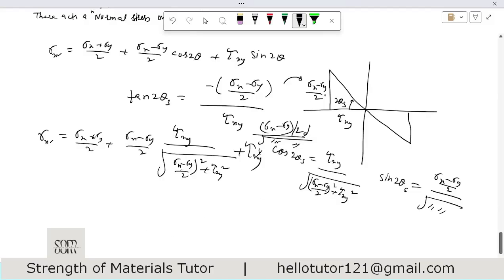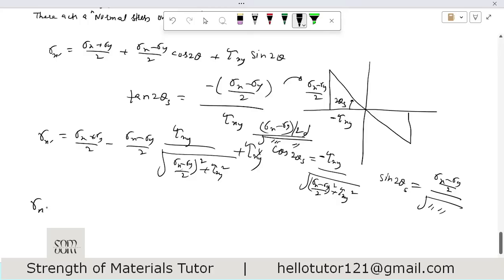Now when we try to find the cosine of 2 theta, which is base divided by hypotenuse, in this triangle the base is negative, so it is negative tau xy divided by the hypotenuse. Now this is the cosine, so this term is going to be negative.